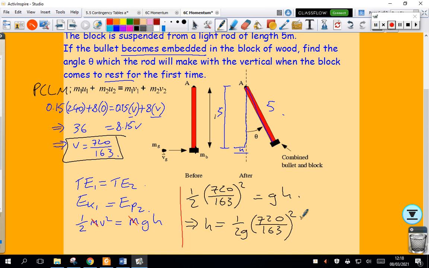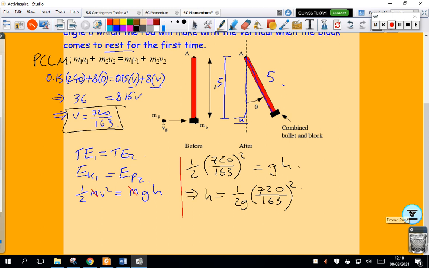Okay, and those are awkward numbers. Whoever came up with this question wasn't thinking about making this look very nice. So I'm going to use my calculator here. It's 1 over 2g. I'm going to let g be 9.8. And I'm going to multiply that by 720 over 163 squared.